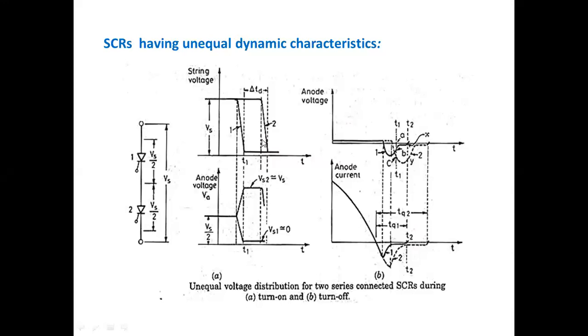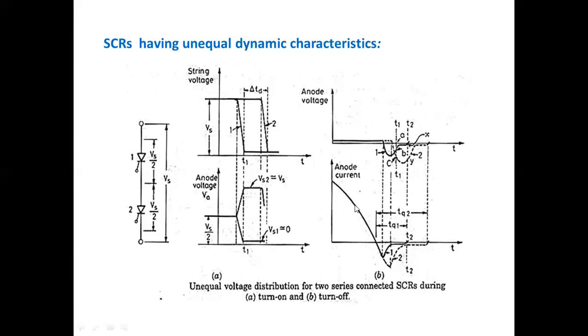If you come across the turn off characteristics of the thyristor, it is assumed that there are different turn off times, shown here as TQ1 and TQ2. Here this is voltage and this is current, initially at turn on, and the two SCRs have the signals shown here.